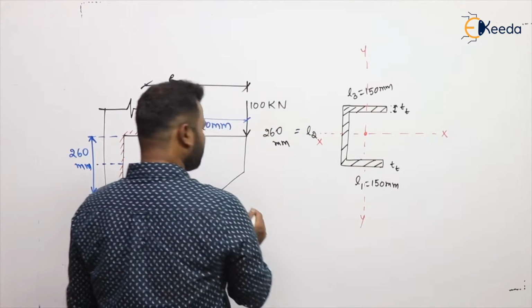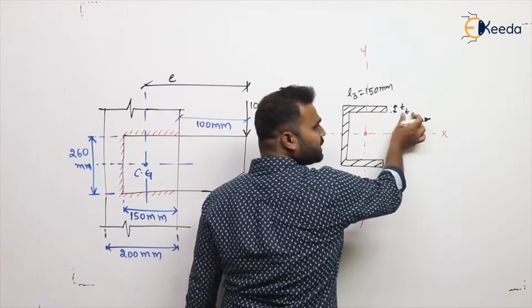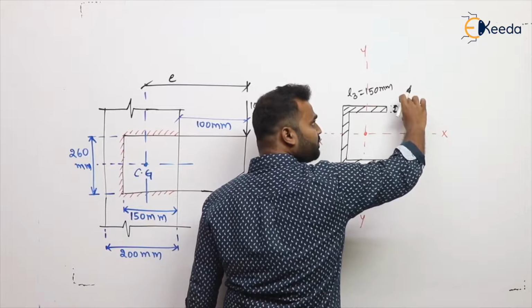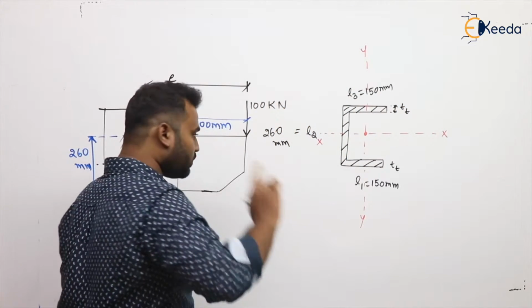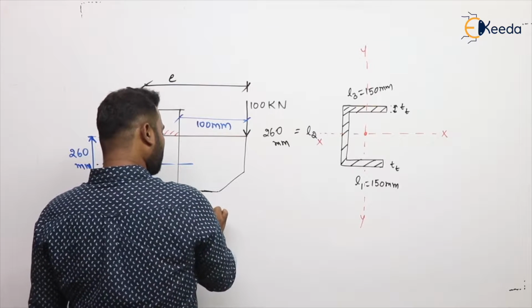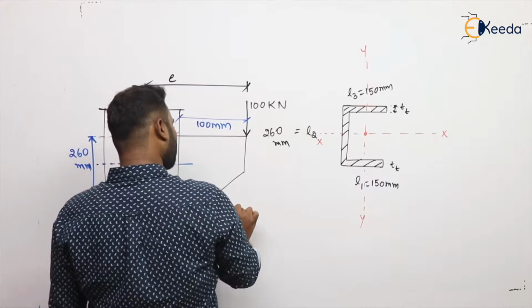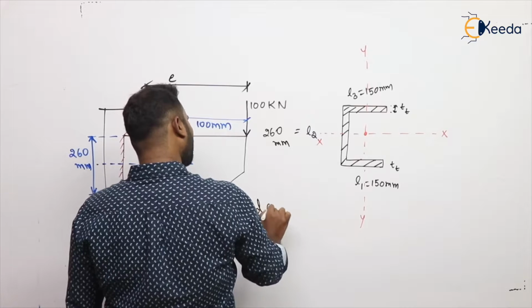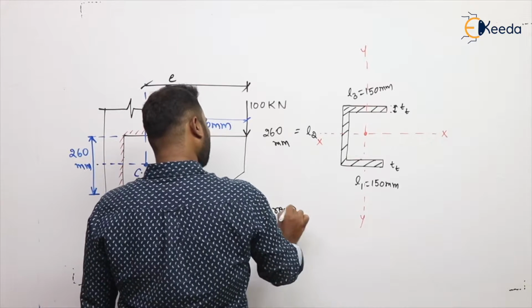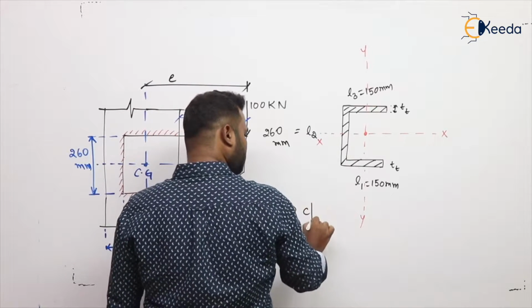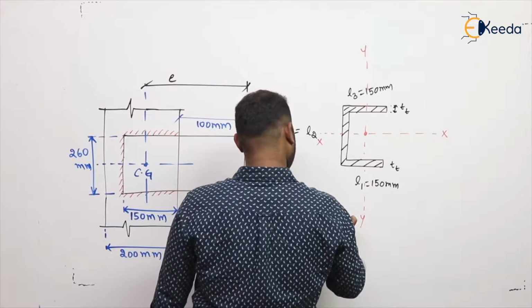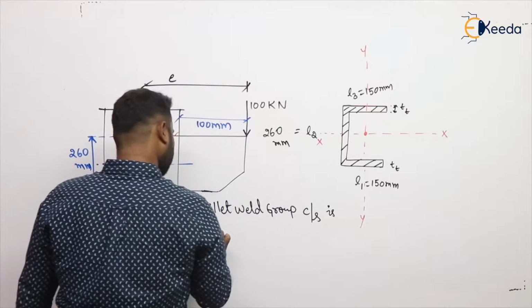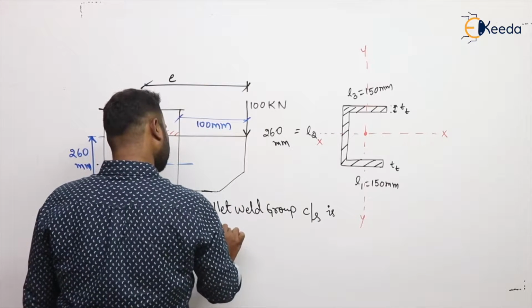Now here one assumption we are going to make, as the throat thickness is very much less. TT is very much less in comparison with the length of the weld. Therefore, we are going to take one assumption. What is that assumption? The fillet weld group cross section is considered as line areas.